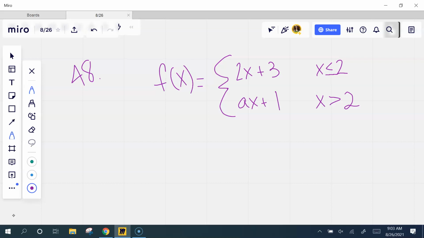It's still a jump, but I don't know that A value, so I don't know my slope. I know my y-intercept, but I don't know my slope. How am I going to figure out what A needs to be?